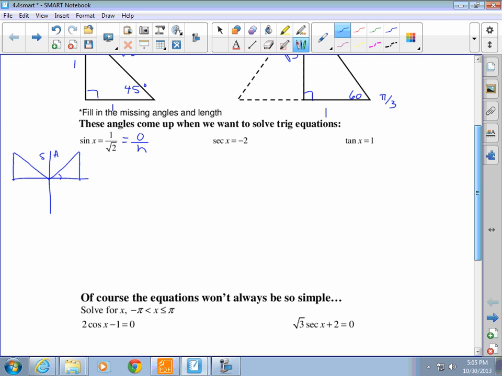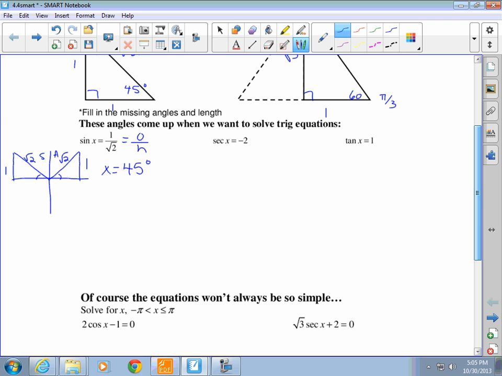My opposite is a 1, my hypotenuse is a square root 2, so it works the same for there. Because I know that it's using 1 and square root 2, I know that it's a 45, so I know that my x is equal to 45 degrees, or pi over 4.